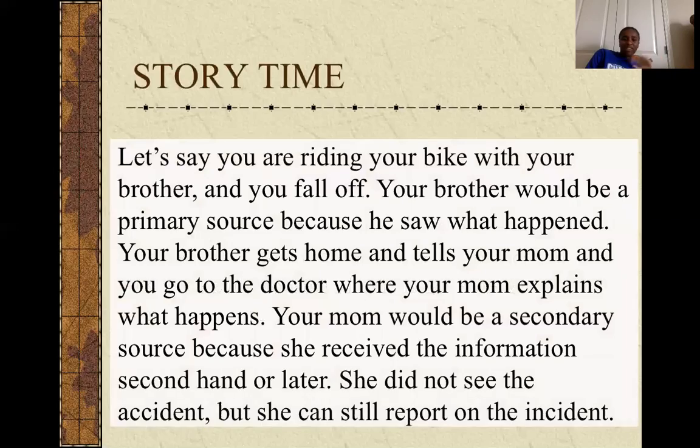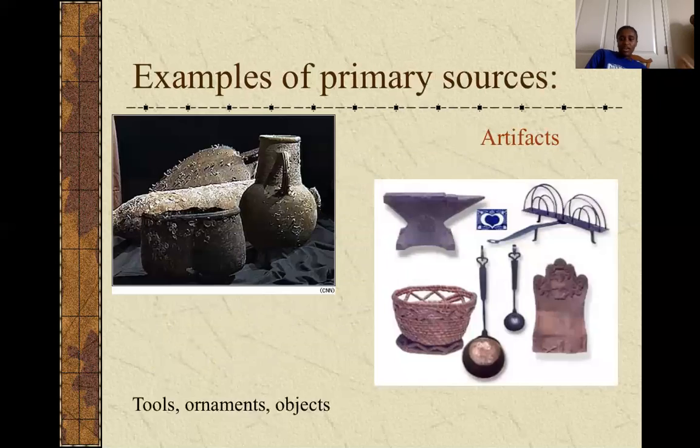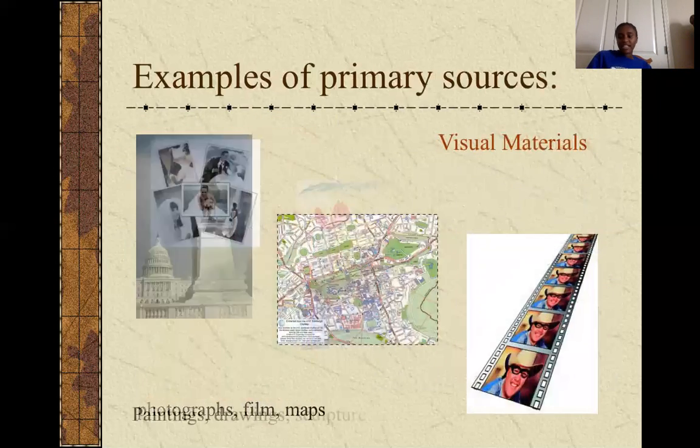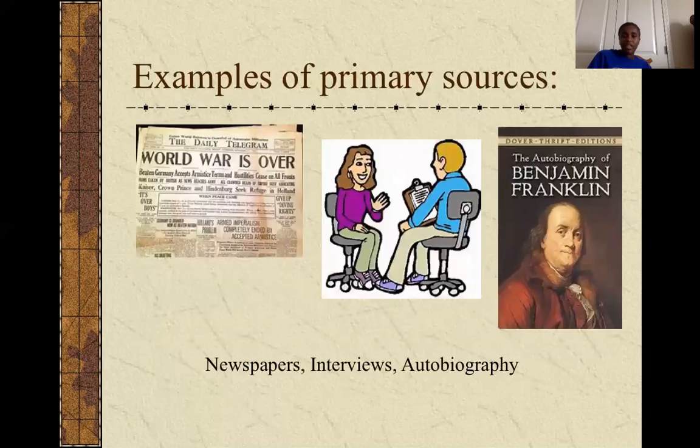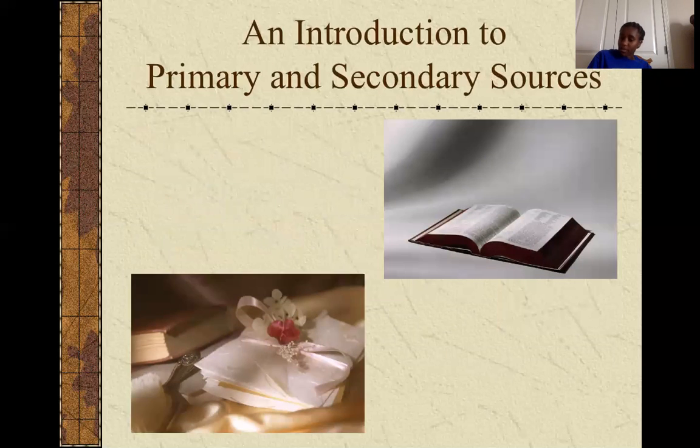Okay, that's the end of my presentation show, but I want to go back to this story. Let me go back to the beginning. Okay, so when you're using primary and secondary sources, you usually use them for when you're writing a book report, when you're writing an essay about something, when you're writing a paragraph, when you need to quote something, you use a primary or secondary source.